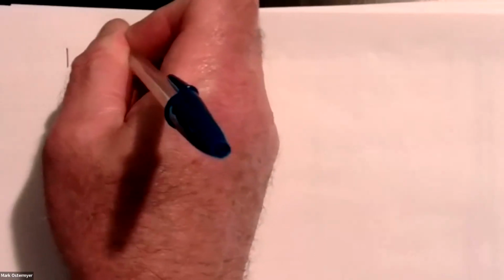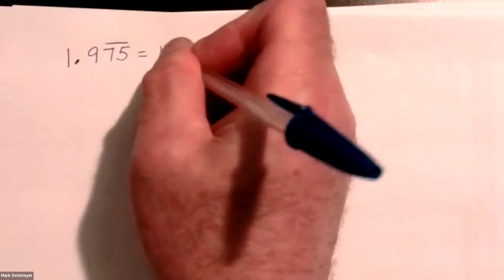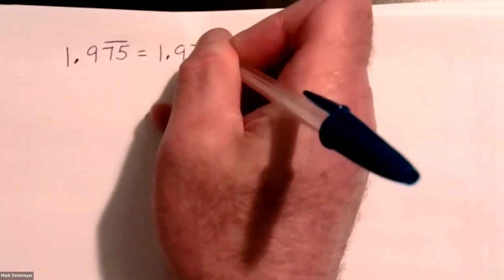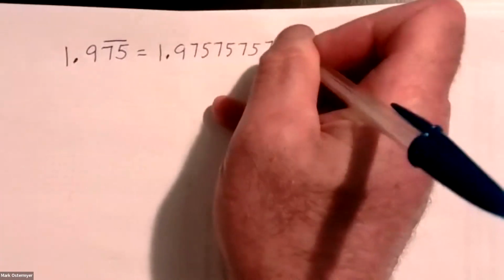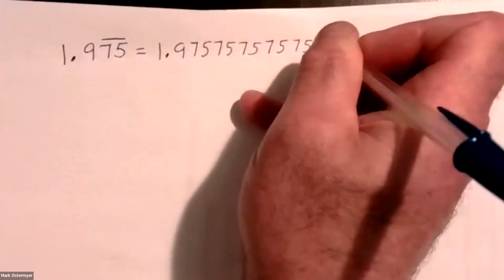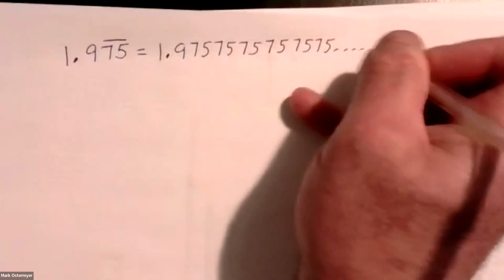Suppose that I have this repeating decimal, 1.975, where what digits repeat now? Only the 75. And therefore, this is really 1.975, 75, 75, 75, 75, 75, and this will go on forever.